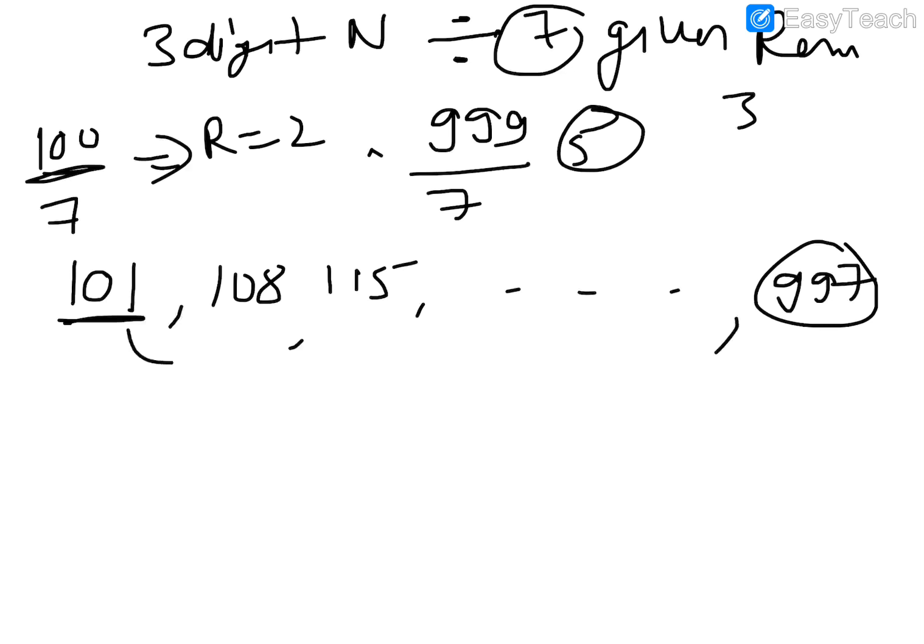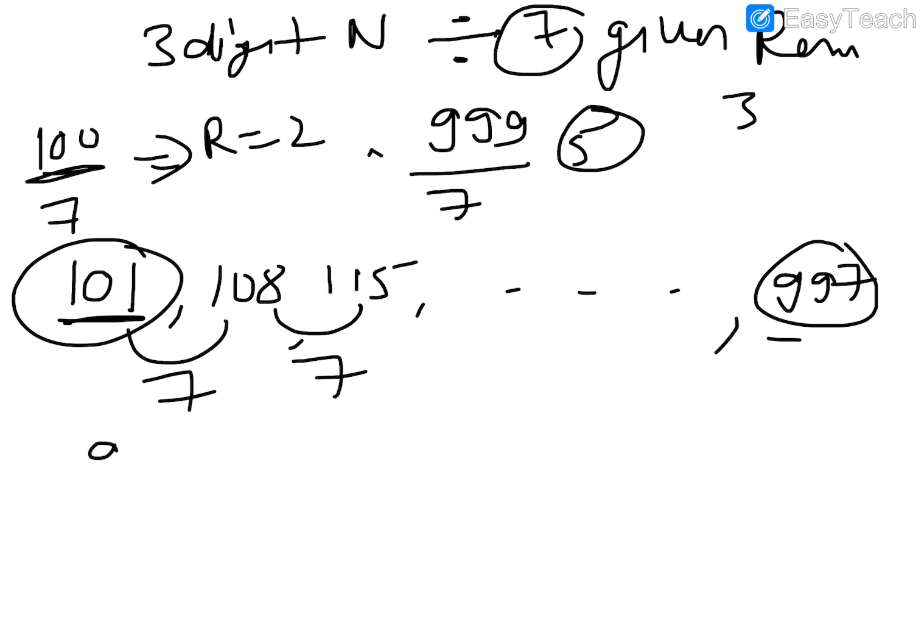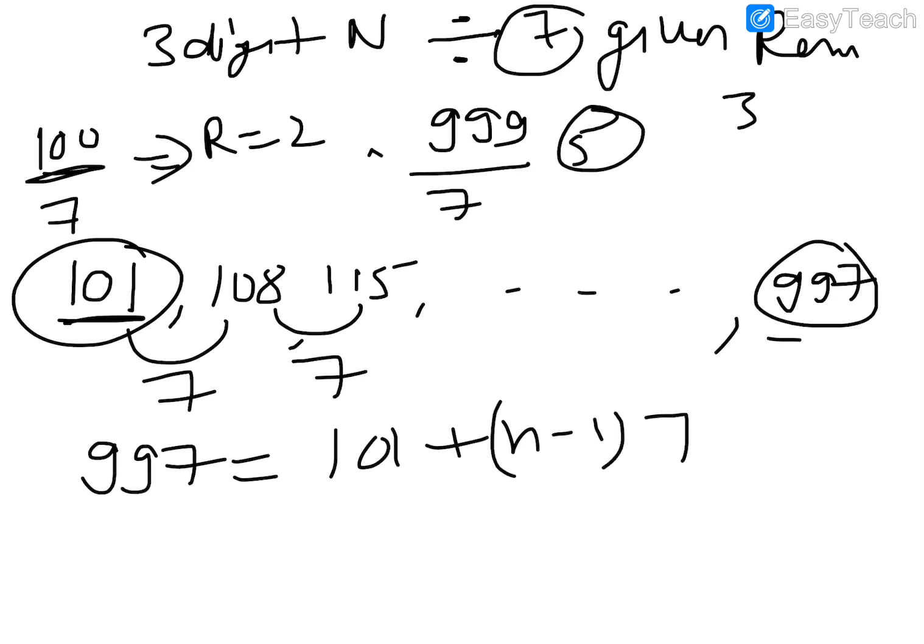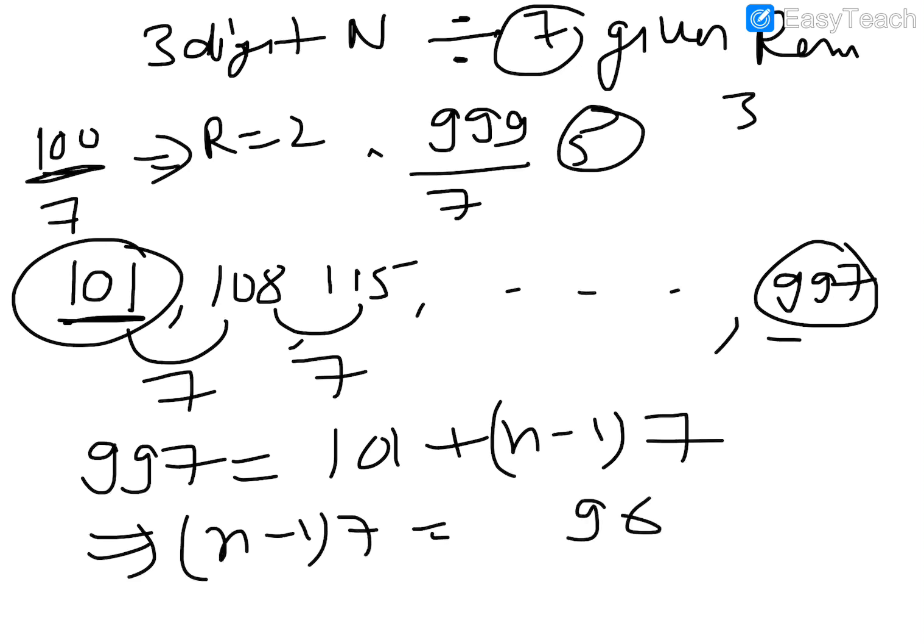Okay, now I know what the common difference is. 7. I know the first term and I know the last term. So first I need to find the value of n. This will be 101 plus n minus 1 into 7, equal to 997. So from here you are getting n minus 1 times 7 is equal to 896, and this will cancel 7, 7 1 is 7, 19, 7 2 is 14, 56.